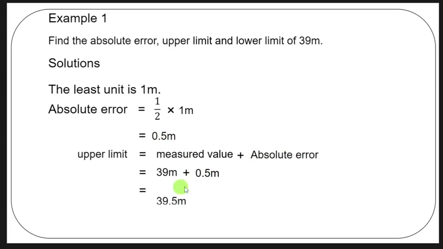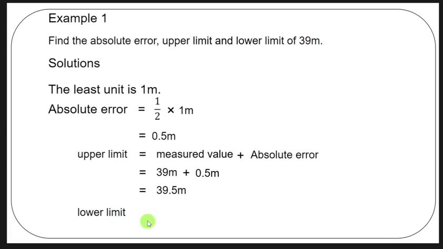When we add 39 plus 0.5, we get 39.5 meters. So this one is the error by which someone can move away from 39, the highest they can move away and still be considered closer to 39.